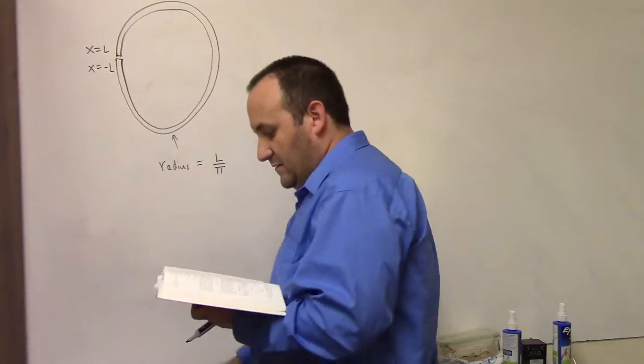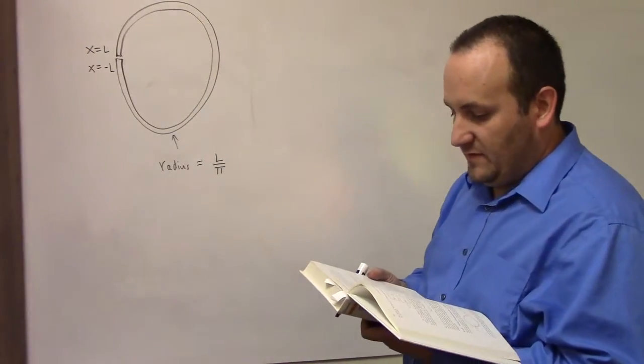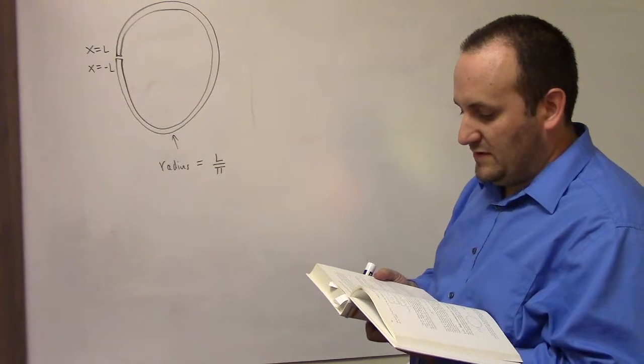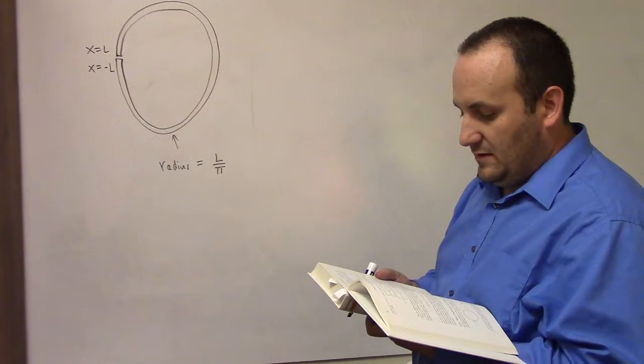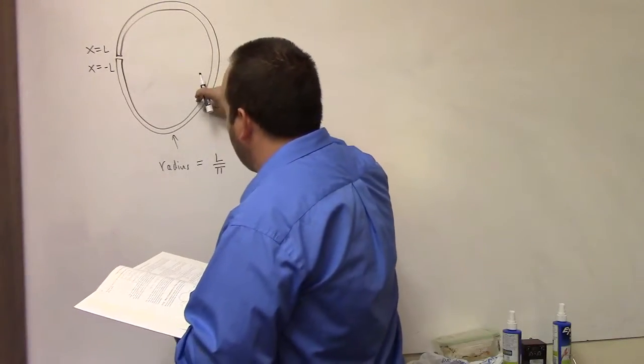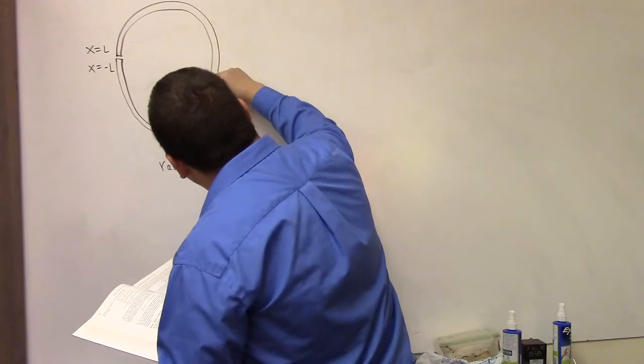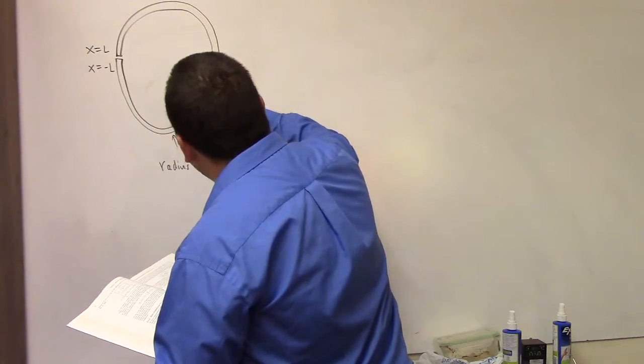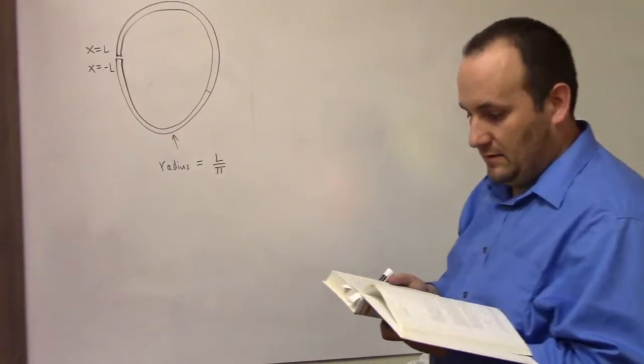Now, your question. He says, if the wire is thin enough, it's reasonable to assume the temperature in the wire is constant along cross sections of the bent wire. So we're assuming the wire is skinny enough that if you look at a little cross section here, we've got equal temperature on that.